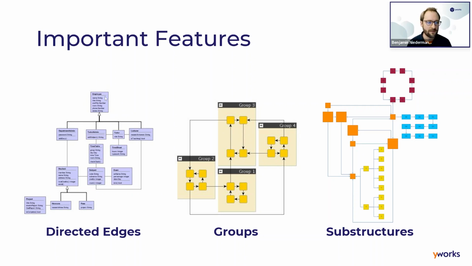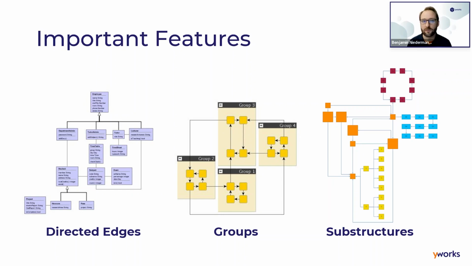On the left-hand side, you see a typical class diagram, and in this class diagram, you have these hierarchies between the classes. So there are some inheritance edges here, and then you have some associations. And for the inheritance edges, you would normally like to have directed edges so that the parent class is at the top and then the child classes are below this. And this can be done with the yFiles algorithms. Then another important feature are groups.